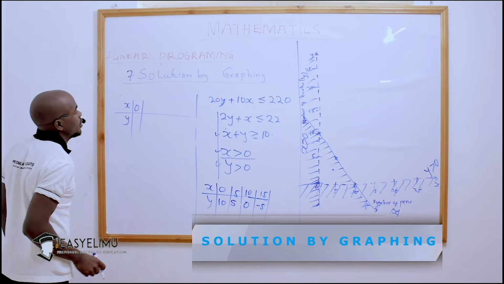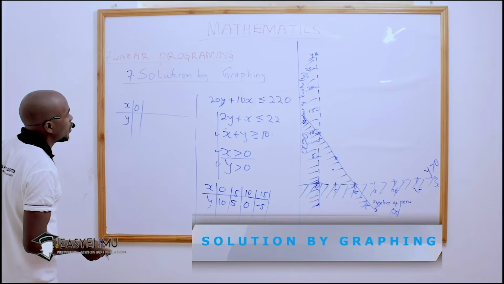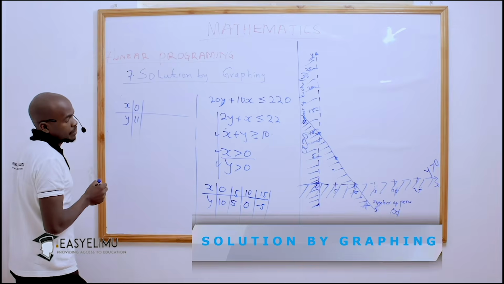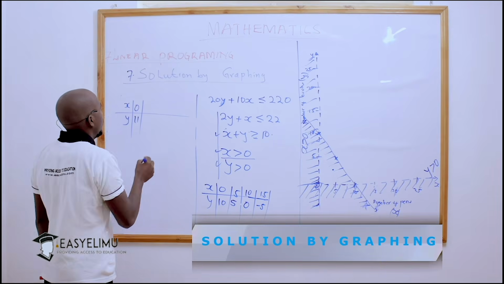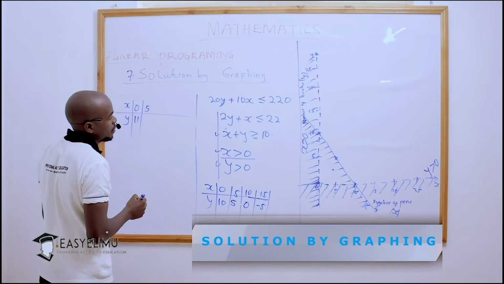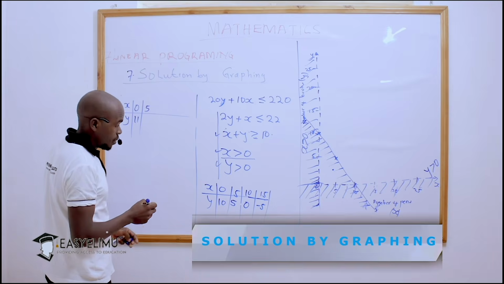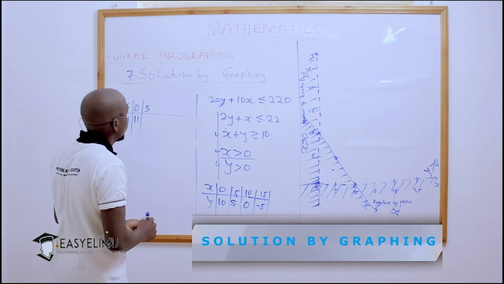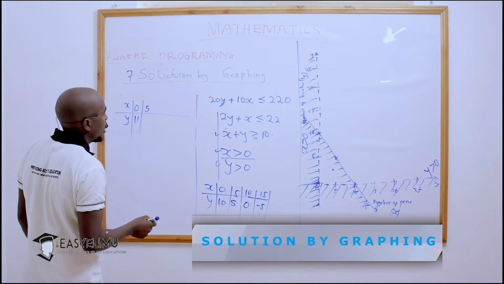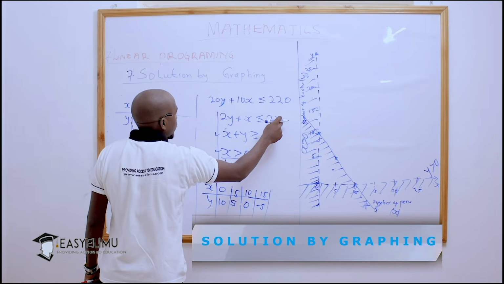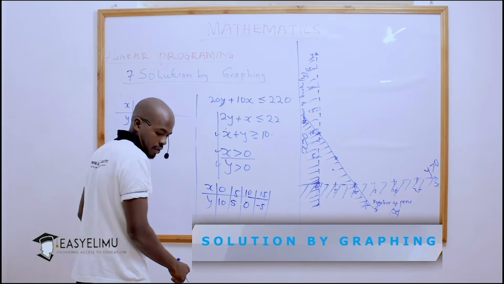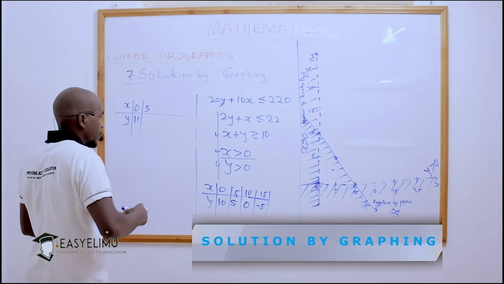Then if x is 0, y is 11. If x is 5, we shall find y as what? 5, that is 17.